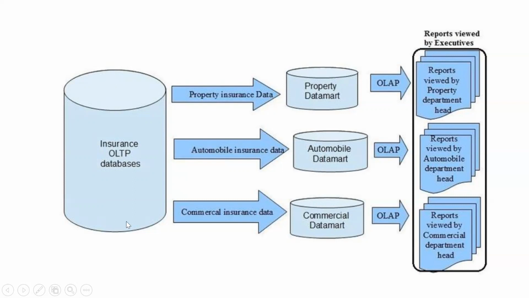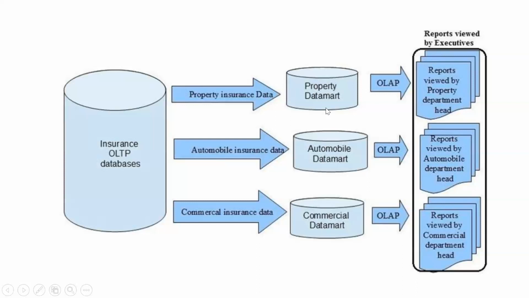In the insurance OLTP databases, we should have automobile related insurance data as well. I'm segregating this into another data mart, the automobile data mart. It's OLAP data, so I'm going to prepare the charts and graphs on top of only the automobile data mart, and the automobile department should be accessing these reports.